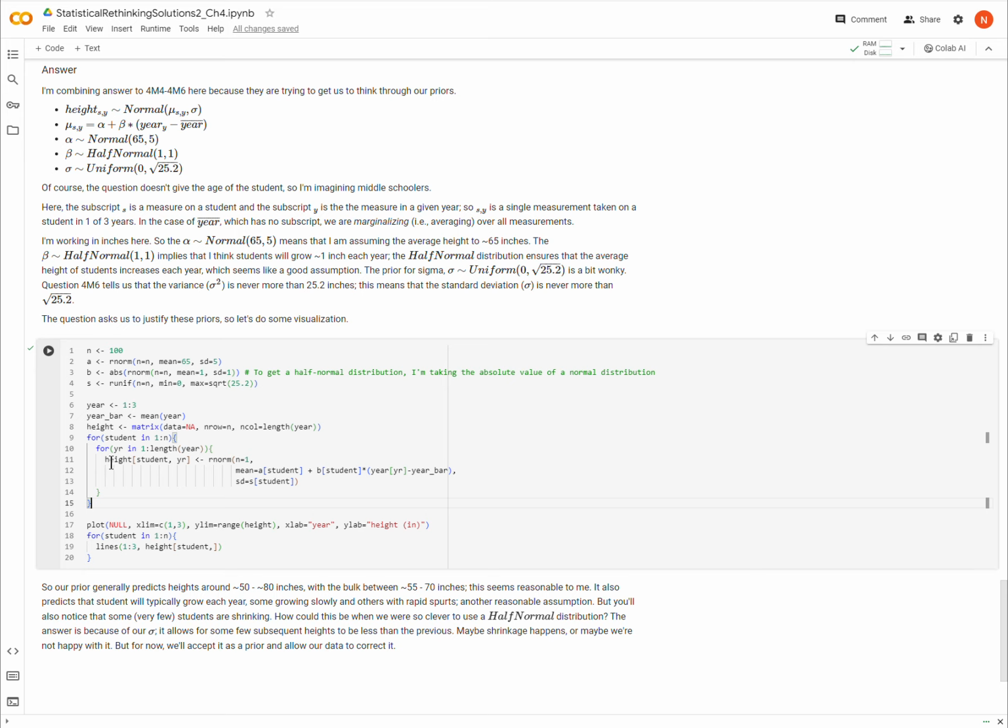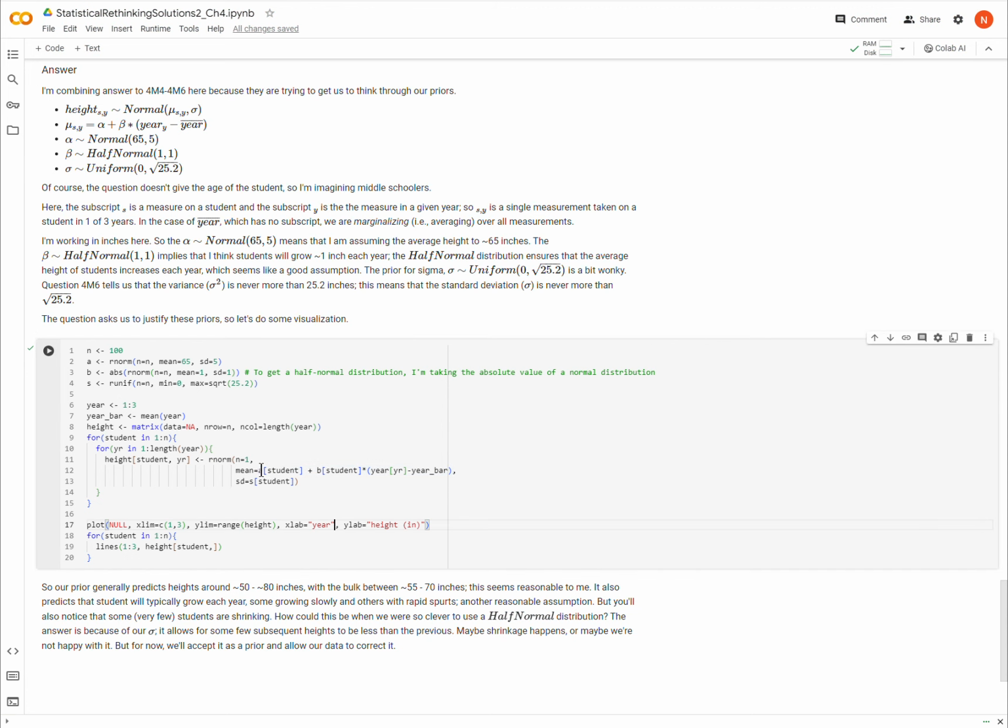Okay. I am going to assign a value to height for this particular cell. What cell? Student by year, row by column. And what is that value in that cell going to be? Well, it's going to be a value that's taken from a normal distribution. So I'm going to put one value in this cell from a normal distribution that has a mean of, well, this is just my linear model from above.